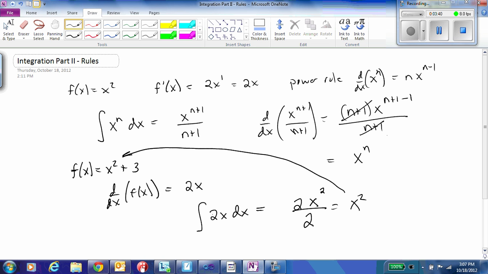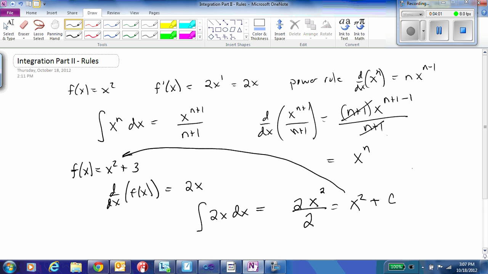So we are no longer selecting a specific answer back. So what we need to do is we need to put the plus c on here to recognize that there's an infinite number of functions that we could take the derivative of to get 2x. And those are all functions that have an x squared term plus a constant.